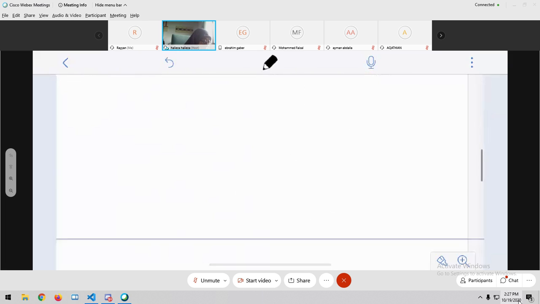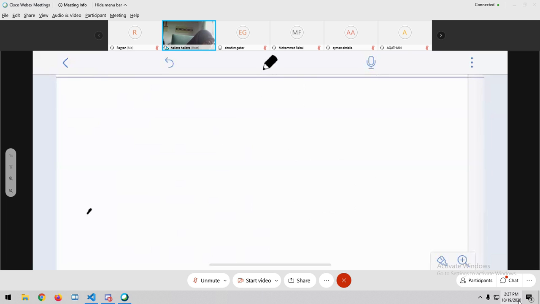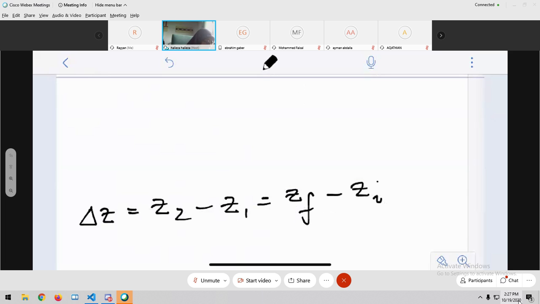Your delta z can be written as z2 minus z1. It can also be written as z final minus z initial, or z out minus z in. It's up to you, whichever you want to use. I stick with 2 or 1, as long as you understand.